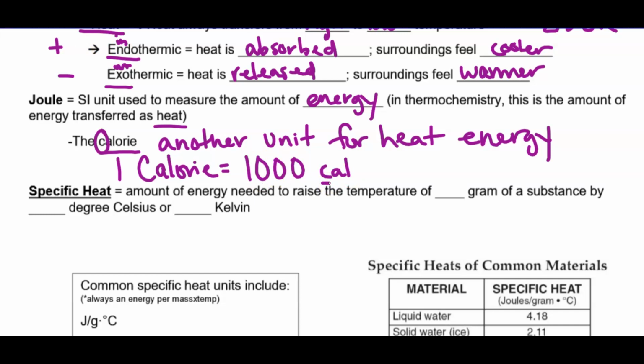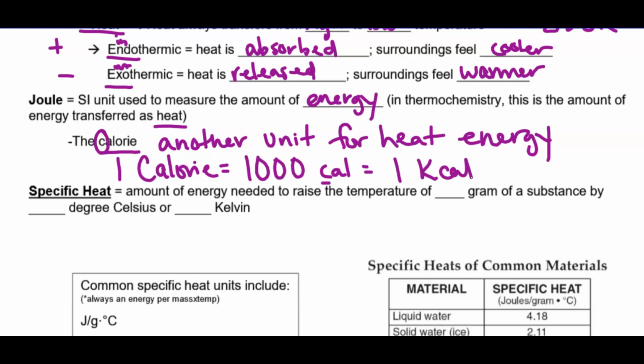So really, if you had 120 calories on a food item here in America, that really is 120,000 calories. So that's the big C calorie on your food labels versus the little c calorie that we would have here. So since it's 1,000 little c calories, that would be equal to 1 kilocalorie. Okay? So that kilocalorie is 1,000 little c calories, the same as any other metric unit that we've been using.